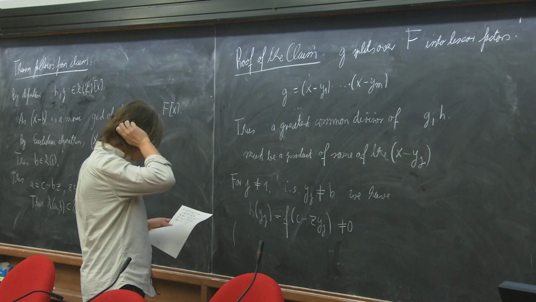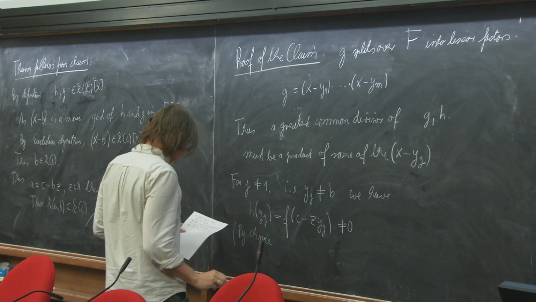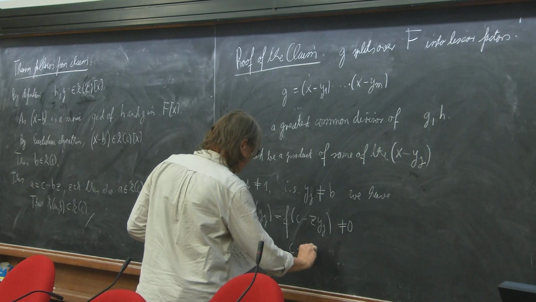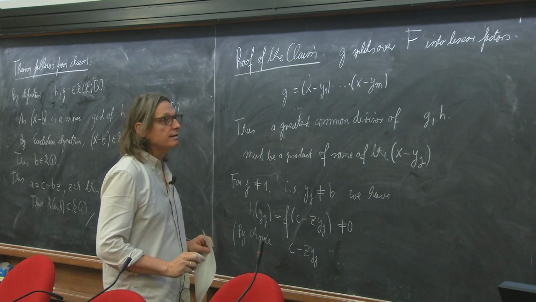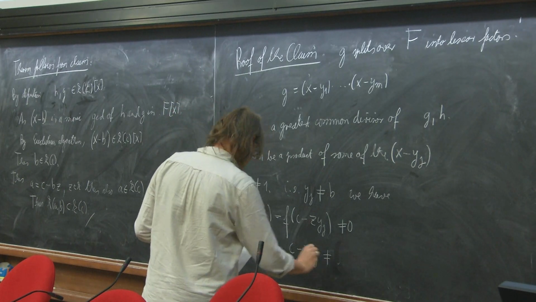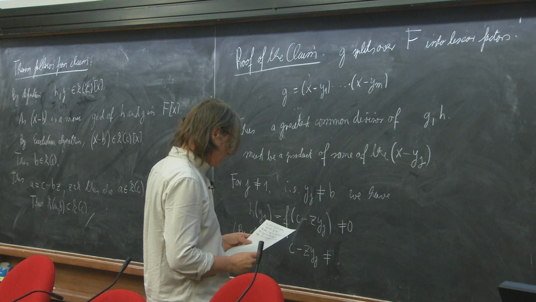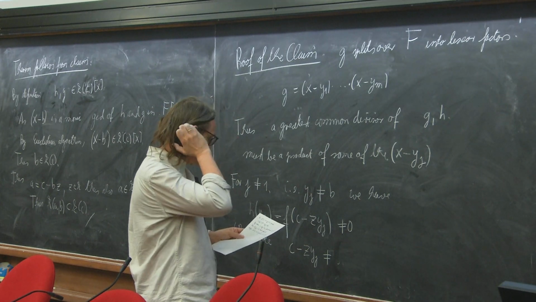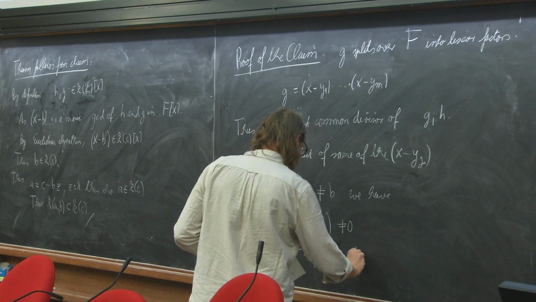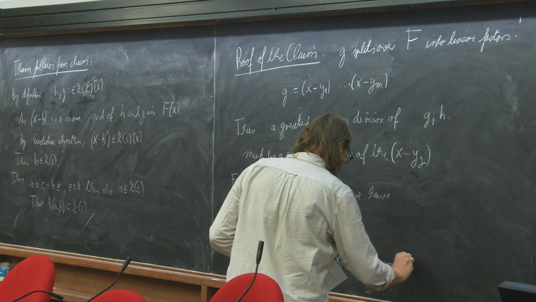And this is because by the choice, we have that c minus z yj is different from xi for all roots xi of f.